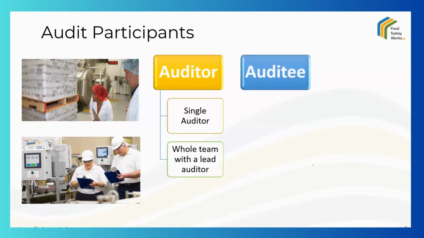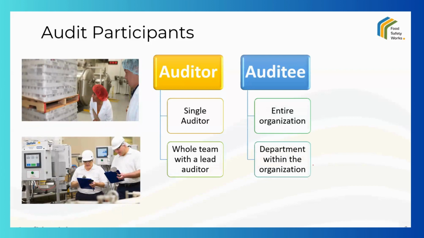Then comes the auditee. It comprises the entire organization or the department against which the audit is conducted, or it can be multiple sites or processes of an audit. For example, if I'm planning to perform an audit of the stores of a manufacturing unit, then the store team is my auditee.